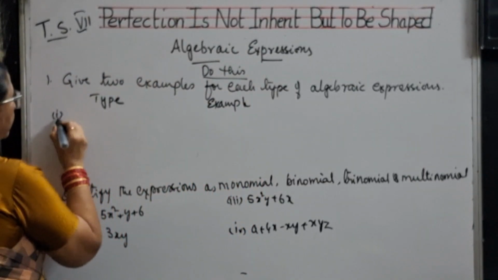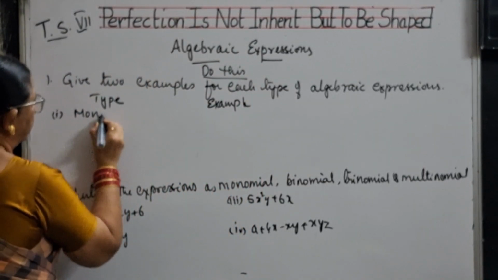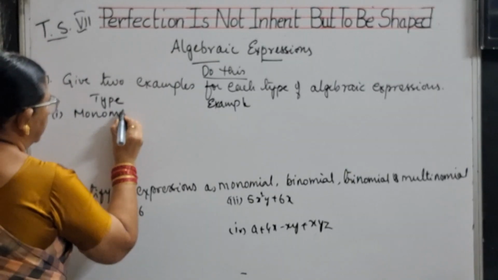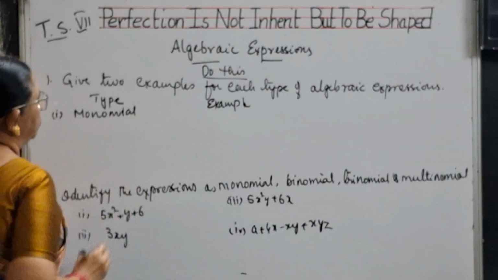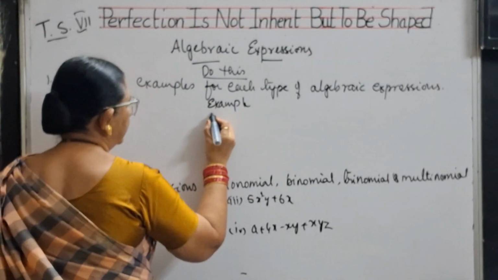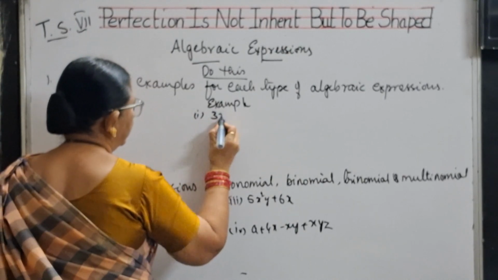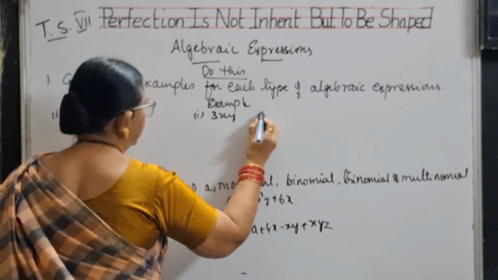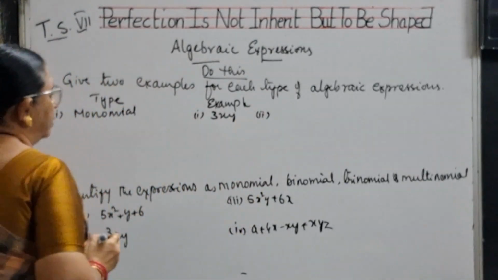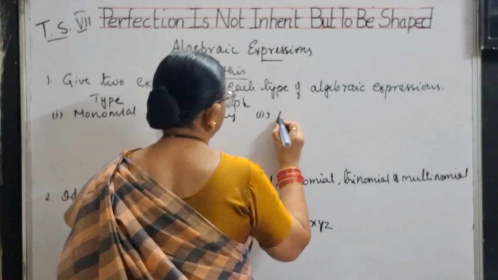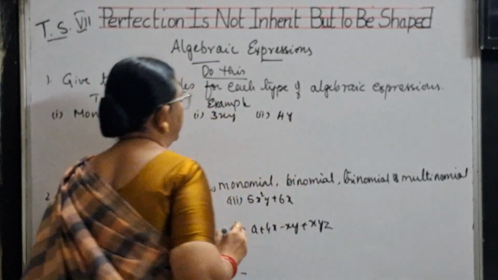So first, monomial. Two examples they are asking. The first one is 3xy and the second one I can write 4y.